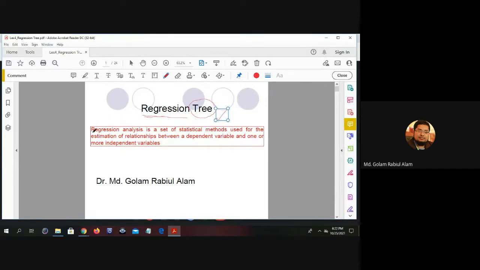Regression analysis is a set of statistical methods. Not only one method, for regression analysis we can apply many methods. These statistical methods are used for the estimation of the relationship between dependent variables and one or more independent variables.